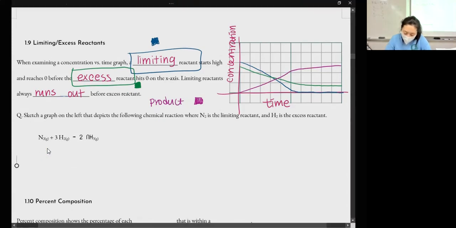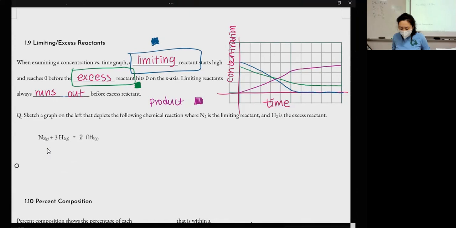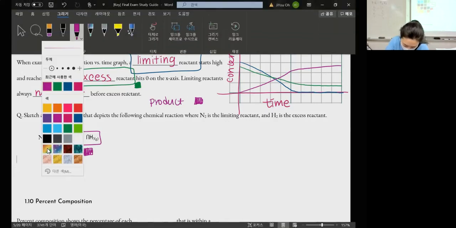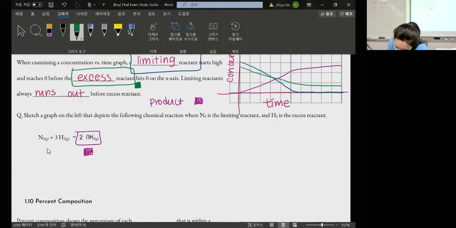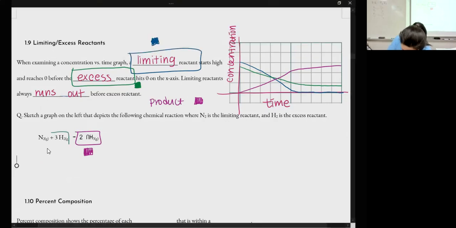Okay. So the question says, sketch a graph on the left that depicts the following chemical reaction where N2 is the limiting reactant and H2 is the excess reactant. So I'm gonna write that NH3 will be purple. And then excess is the H2, so that would be green.